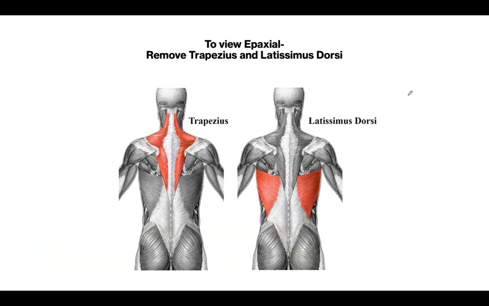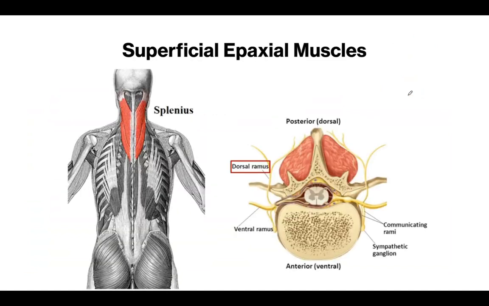All right, we're going to get underneath these two muscles. And here we have this first and only really superficial epaxial muscle. Everything else in the epaxial muscle group is going to be deep to this muscle.